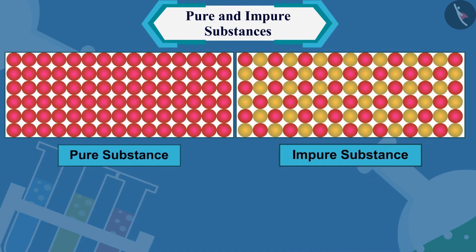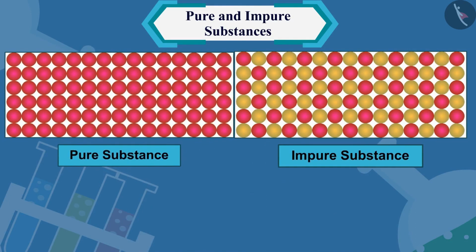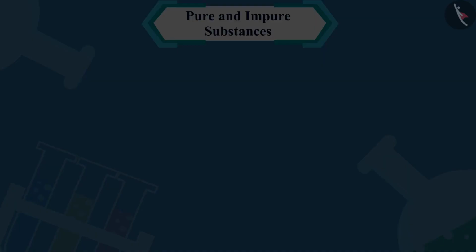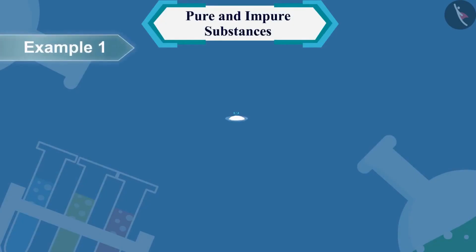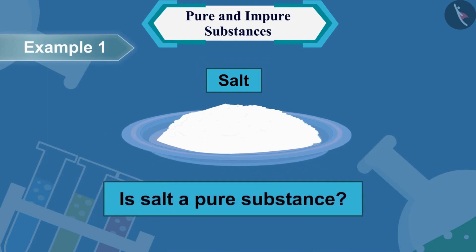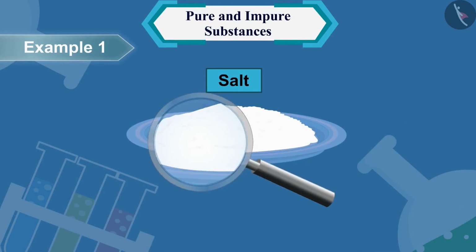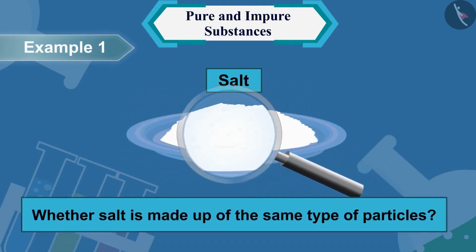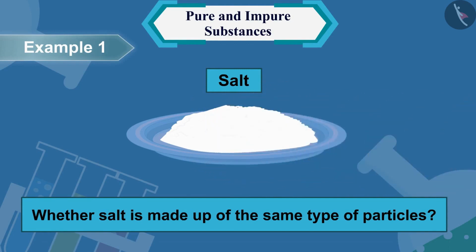Let us now learn more about pure and impure substances with some examples. Let us take an example of salt. Is salt a pure substance? For this, we will first check whether salt is made up of the same type of particles.